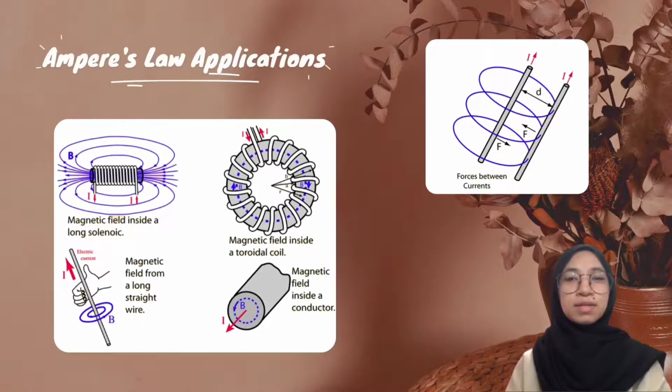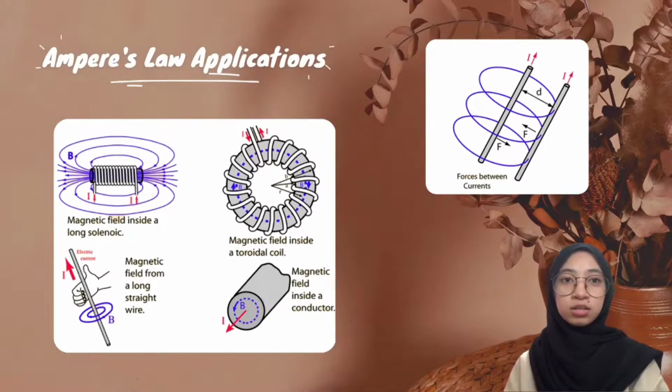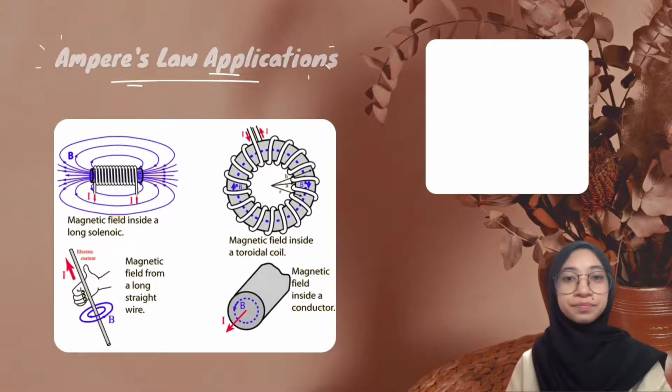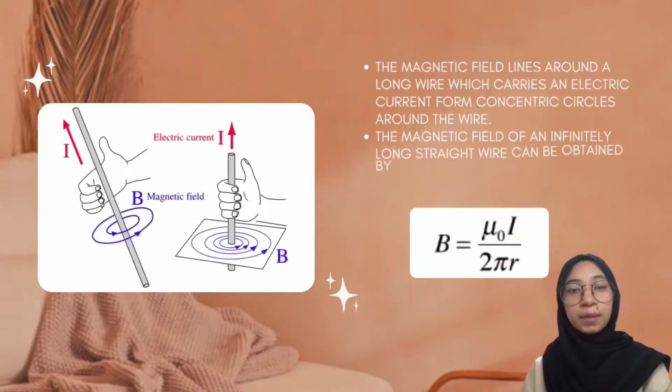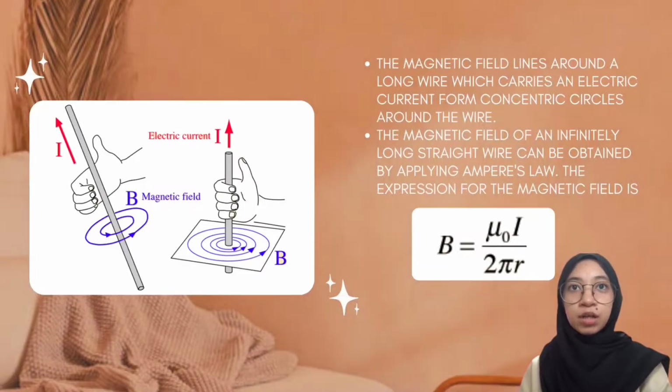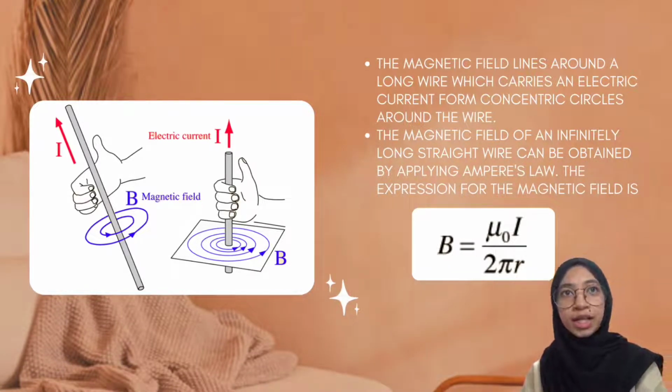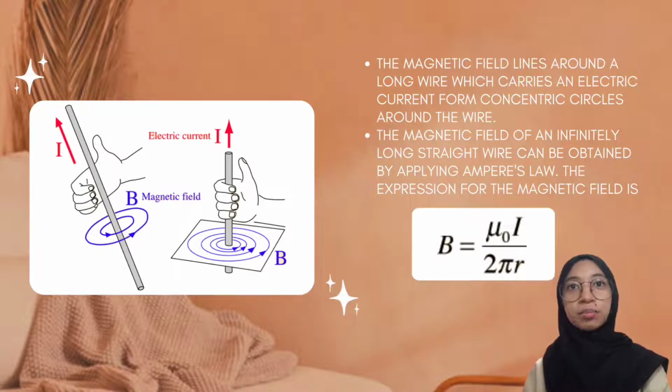Here is some example of application for Ampere's law. For this application, magnetic field of current. The magnetic field lines around a long wire which carries an electric current form concentric circles around the wire.